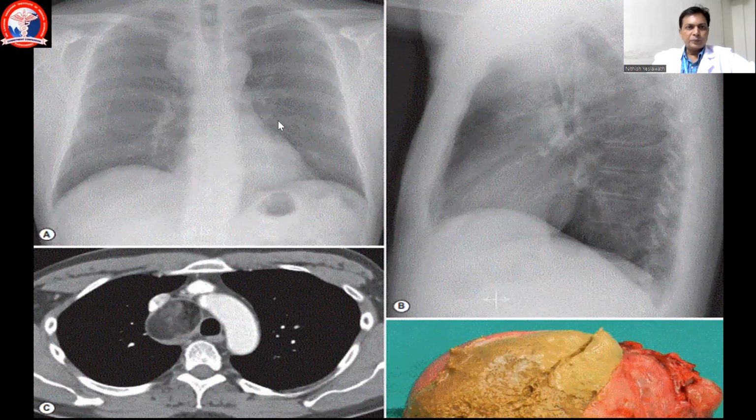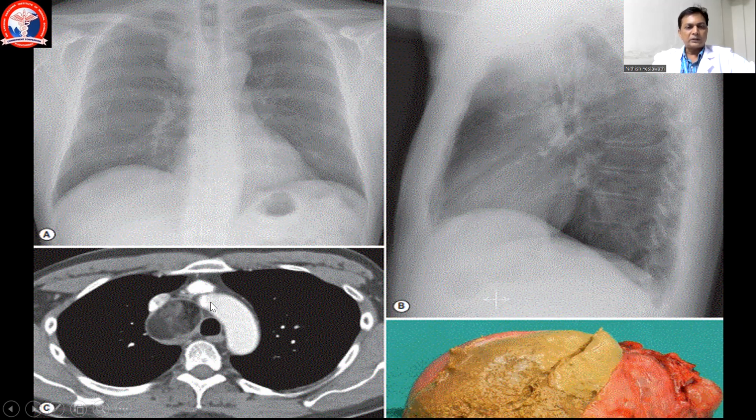We are seeing here 2 images. These are frontal and lateral radiographs, contrast enhanced CT scan, and specimen. What we are seeing here is a well defined soft tissue bulge in the upper mediastinum on the right side. On the lateral chest radiograph, the same soft tissue is seen.